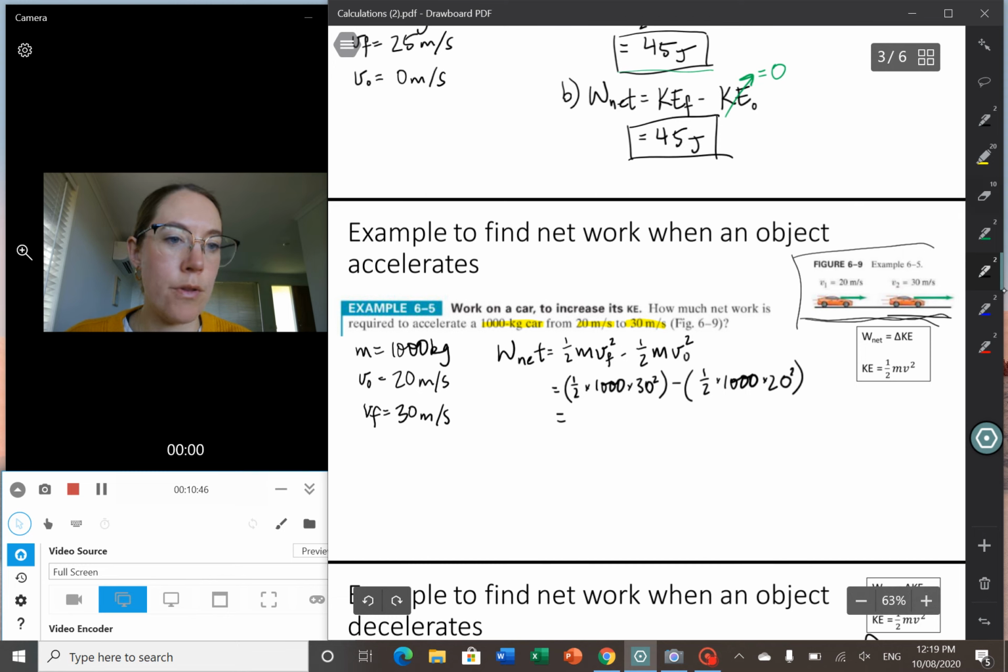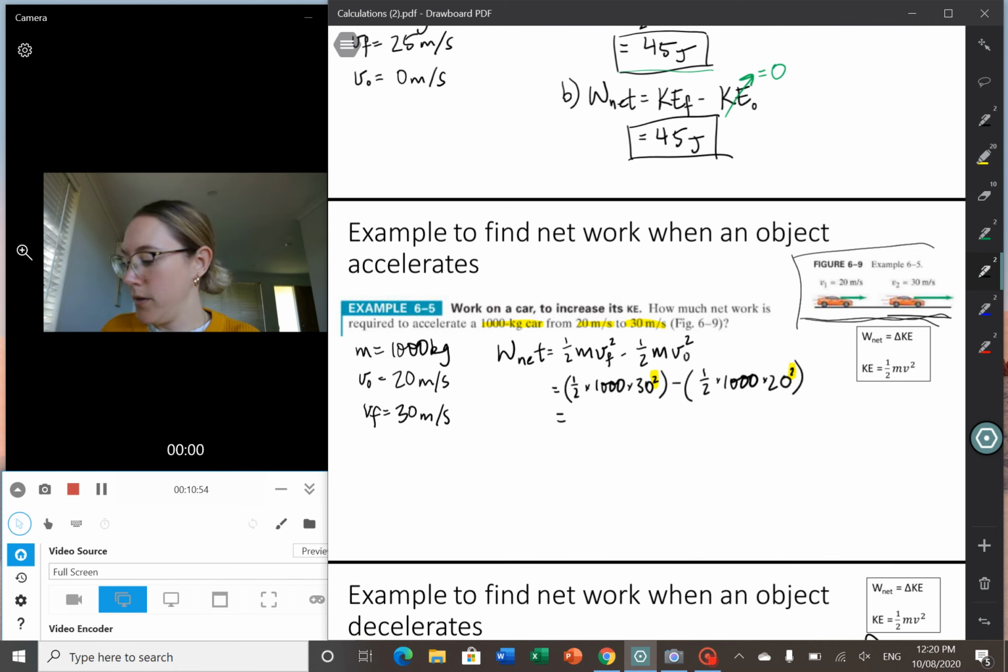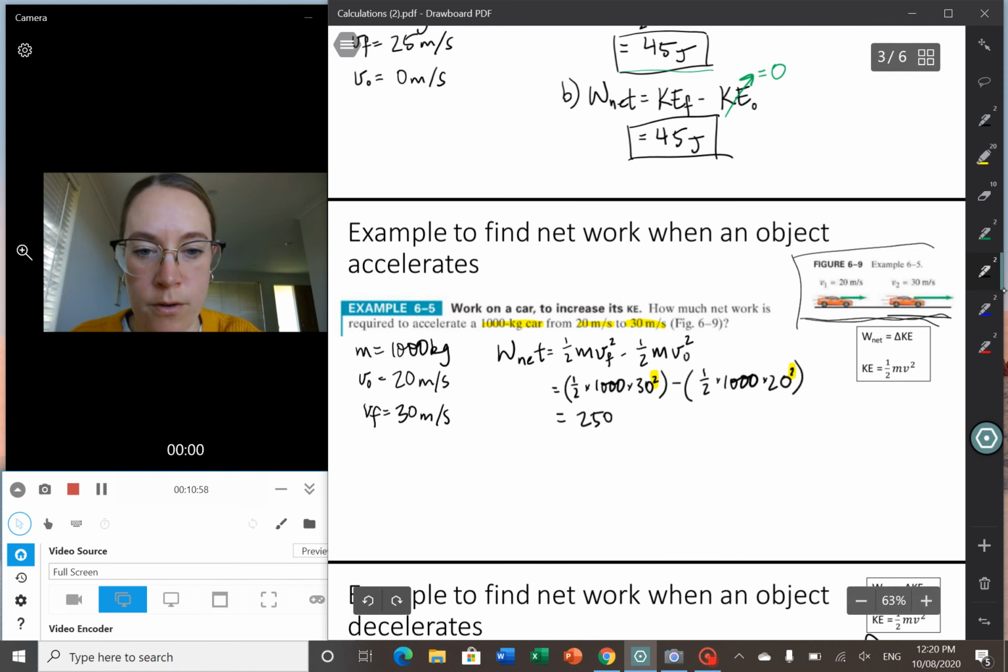You want to make sure that you don't forget to square your velocity. I think that's the most common, the simplest mistake to make. So the final answer here, the answer we're given, is 250,000 joules, and we want to express that in scientific notation, 2.5 times 10 to the 5 joules.